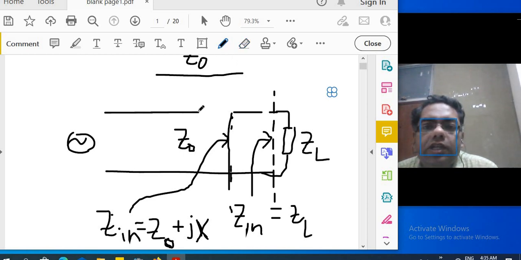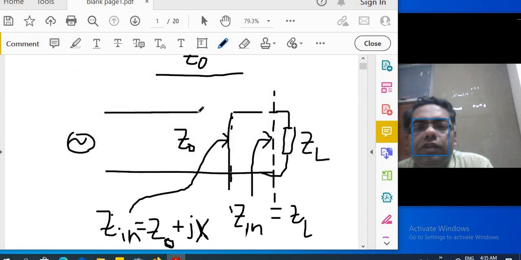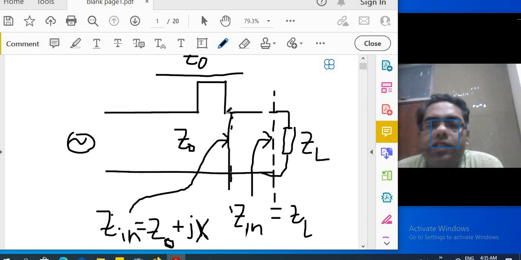So I can connect a small section of transmission line like this.